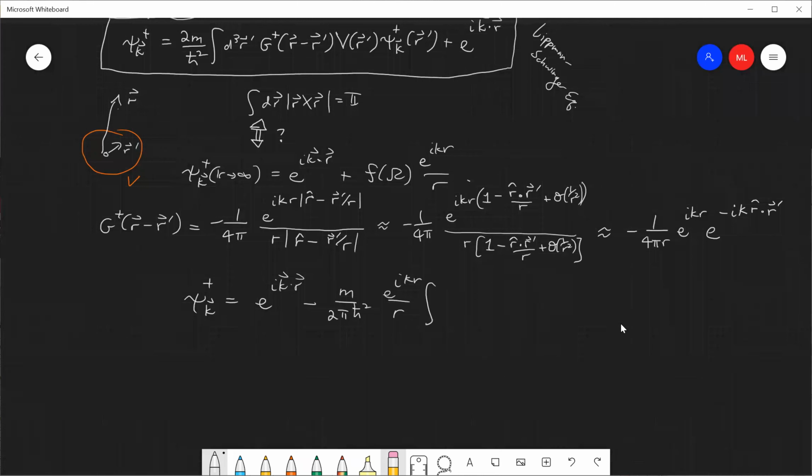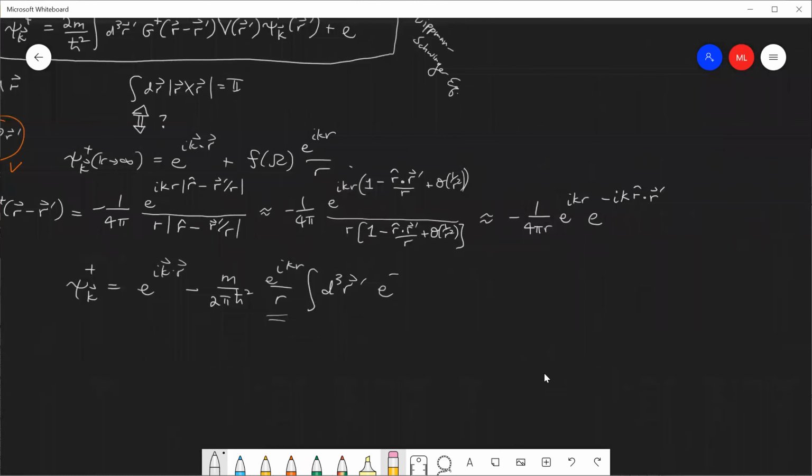But so we at least have the outgoing spherical part. That's what we wanted. And what we're left with is an integration over r prime of e to the minus ik r hat dotted into r vector prime. And we have our v of r prime times the psi k plus of r prime.